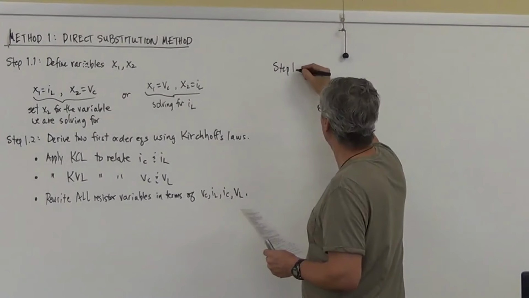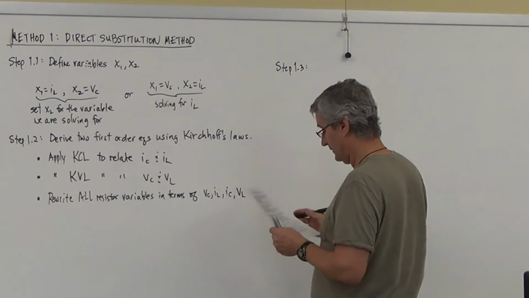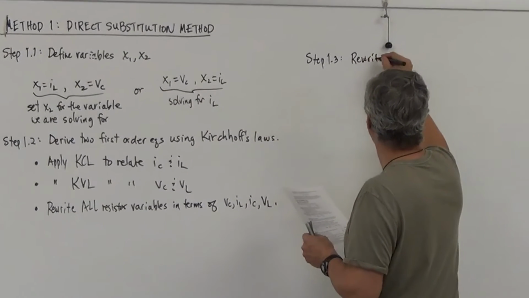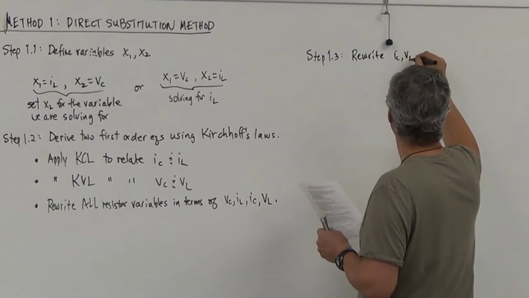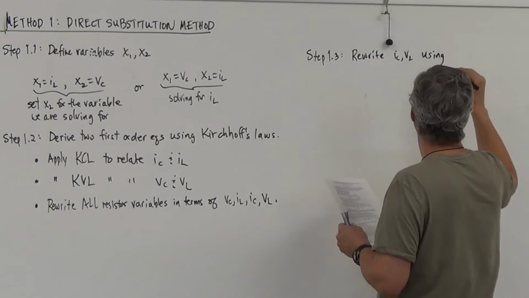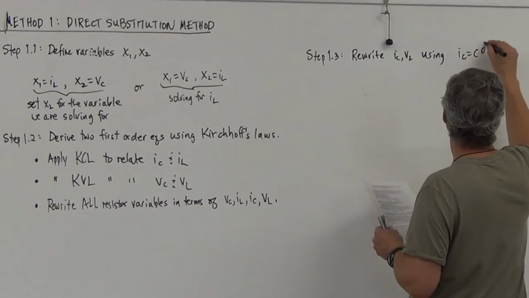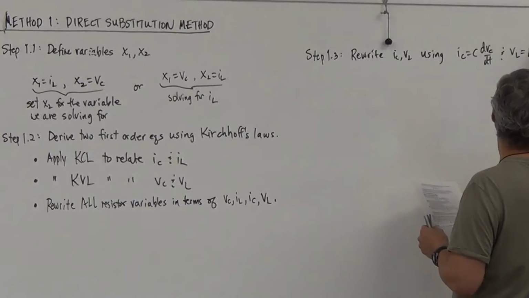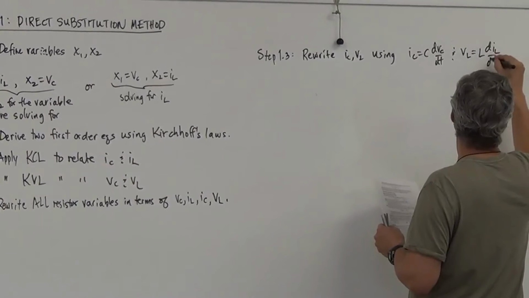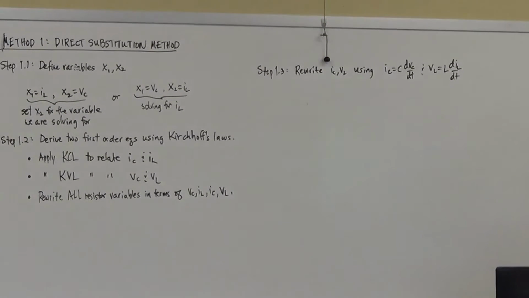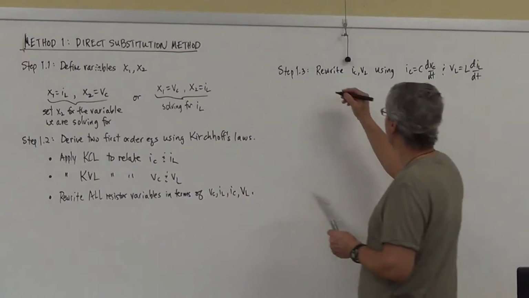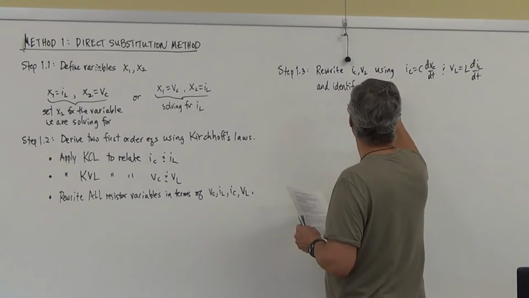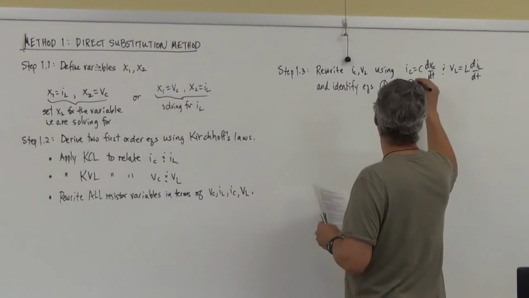Okay, this is step 1.3. Here what we want to do is rewrite IC and VL using IC equals C dV/dt and VL equals L dIL/dt, and identify equations 1 and 2.